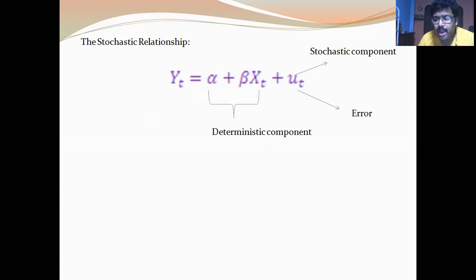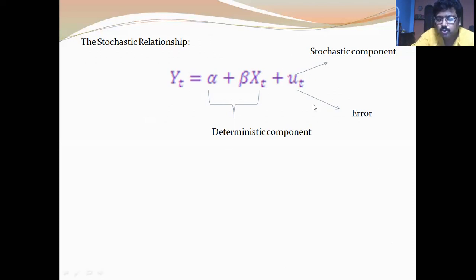Why should we add an error term u in this relationship? What does it mean? What is the role of ut in this relationship? Unpredictable element of randomness in human responses.